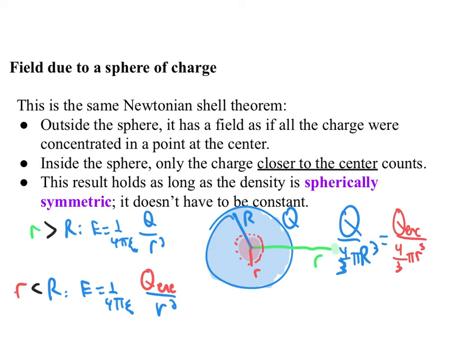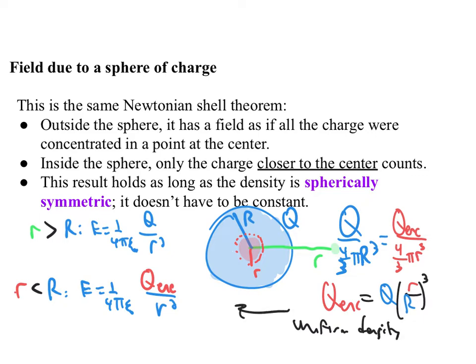And that tells us that the 4/3 pi would cancel, and the enclosed charge would be the original charge times the ratio of where we are compared to the actual radius of the sphere, cubed. Remember that this is for uniform density, a special case.